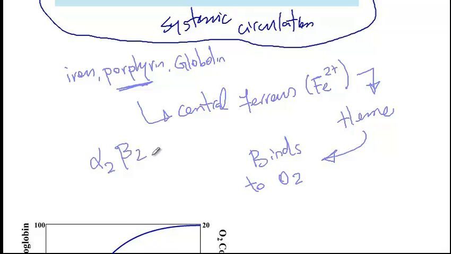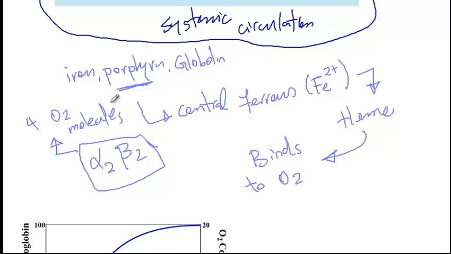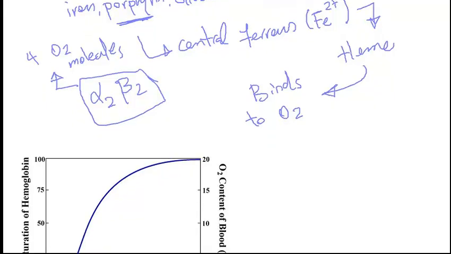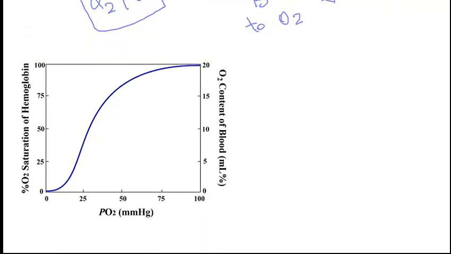It has 2 alpha components and 2 beta components, so a total of 4 heme are inside each adult hemoglobin. As a consequence, each hemoglobin is capable of binding up to 4 oxygen molecules.